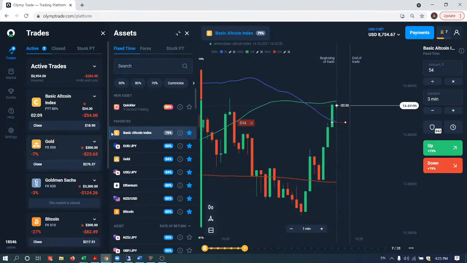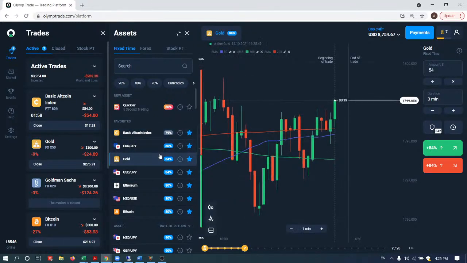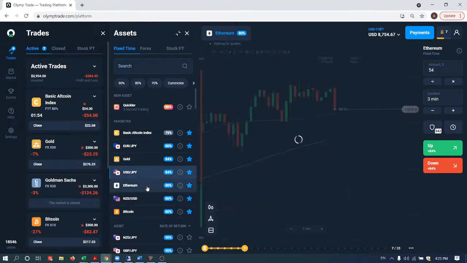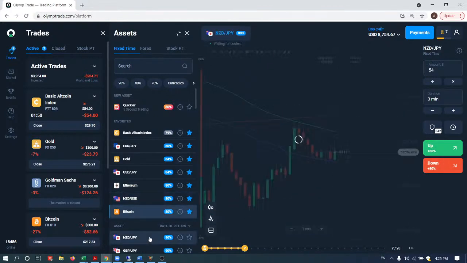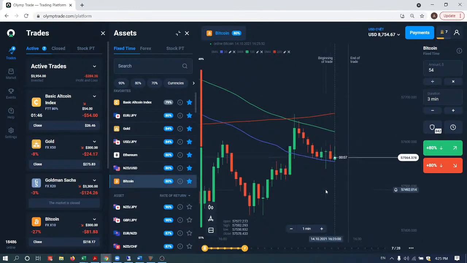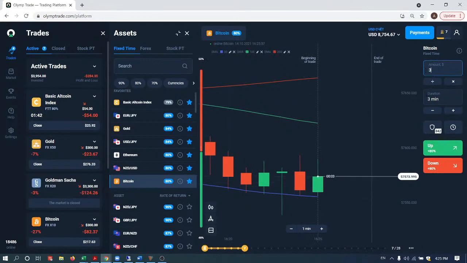So that is the principle of reverse martingale. I only risk $30, my initial amount, but potentially I can make much more. But of course, there will be those annoying sequences where you just cannot make any money.